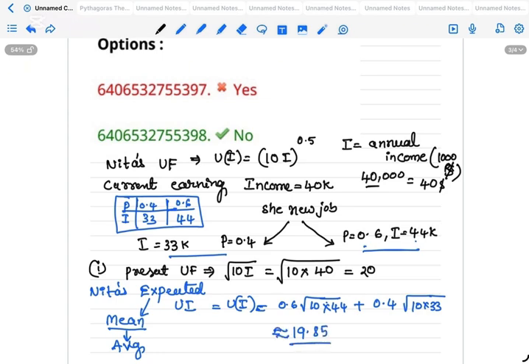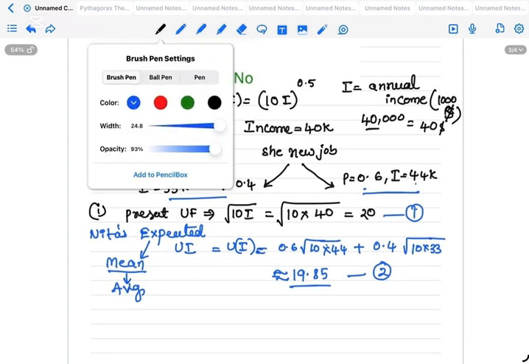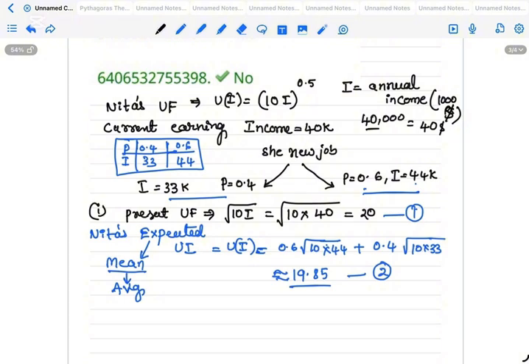The first value is the present utility, 20. The expected utility value is 19.85, so the expected utility is less than 20, the present utility.